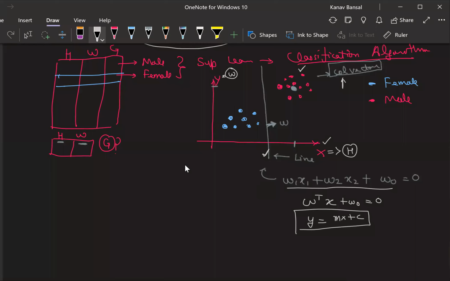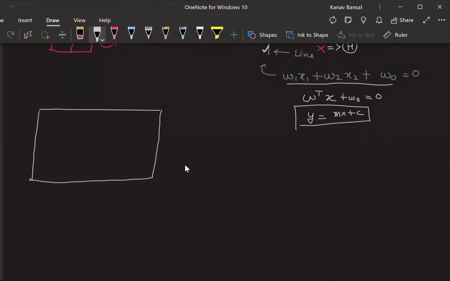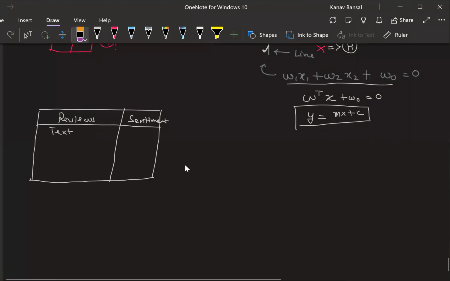Now, I have a question for all of you, okay? Tomorrow and the day after tomorrow, we are going to work on a project, and that project simply requires some data. The data is nothing but reviews and sentiment. A review is a text thing, a natural language text.